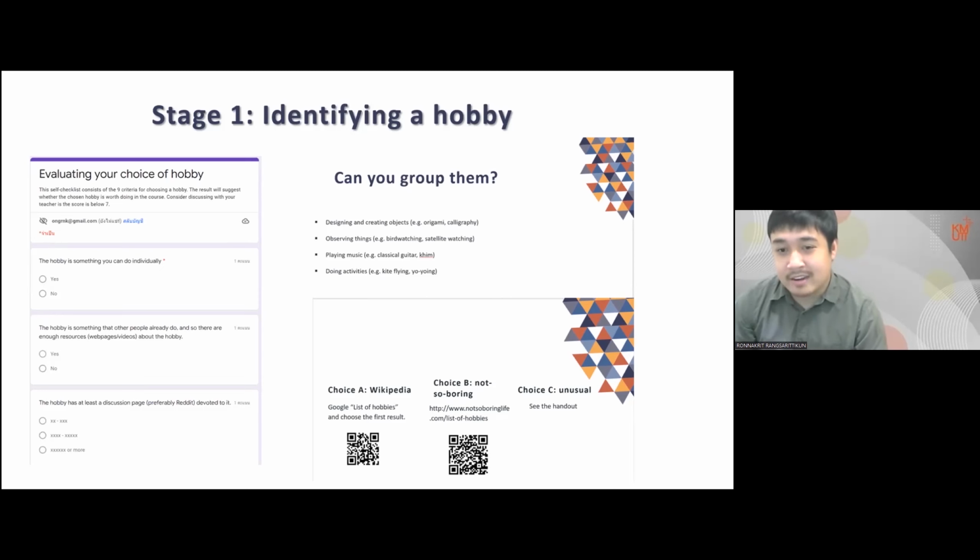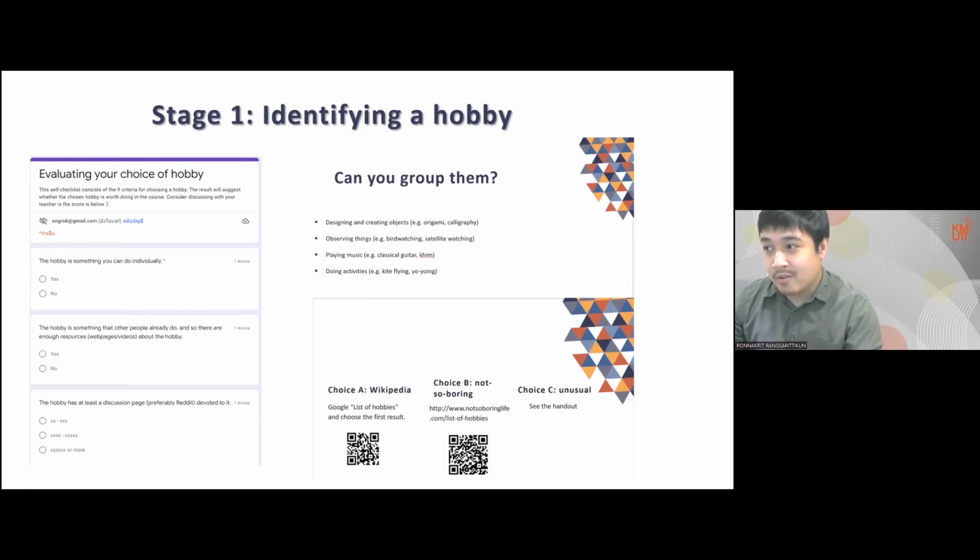So there should be an online discussion forum, and we encourage students to use Reddit because it's really useful and it has a lot of people in there. If you're not really familiar with Reddit, let me explain it here. Reddit is a really big online discussion forum with different subreddits. They call them subreddits. So you can go to each group based on your interests.